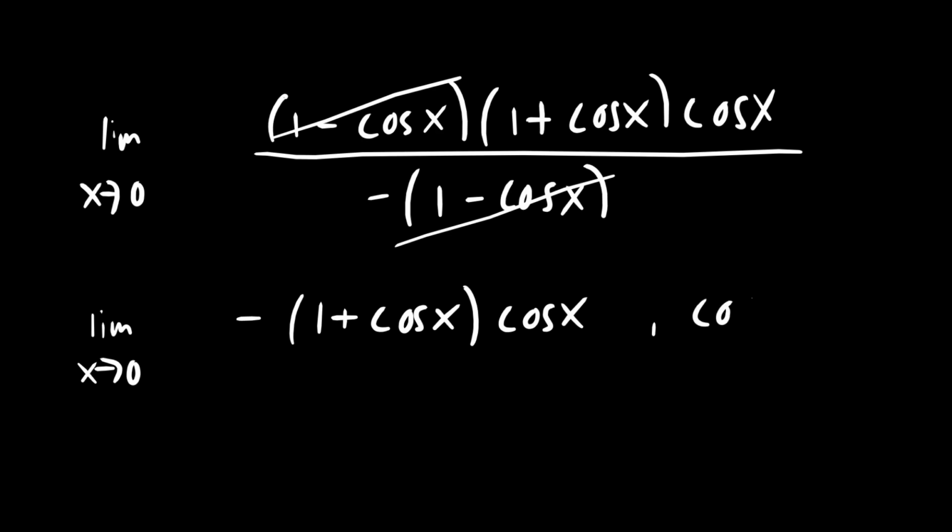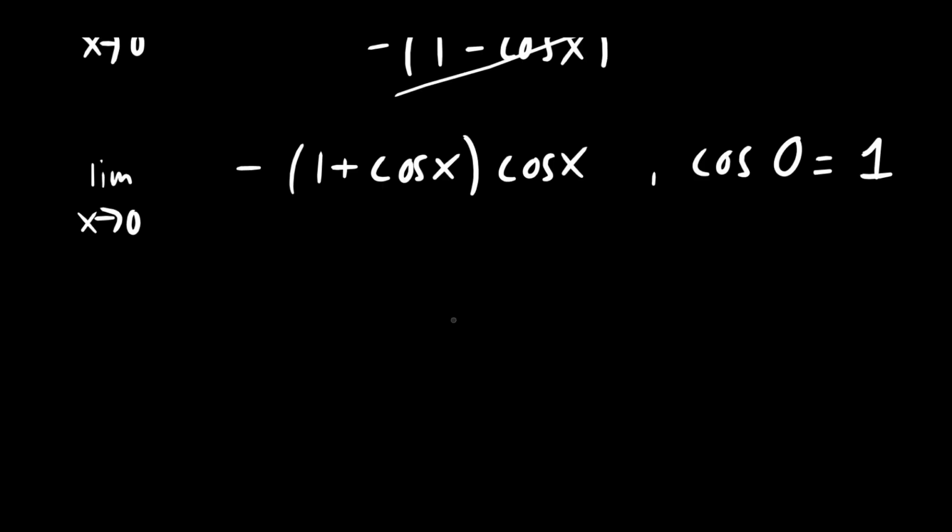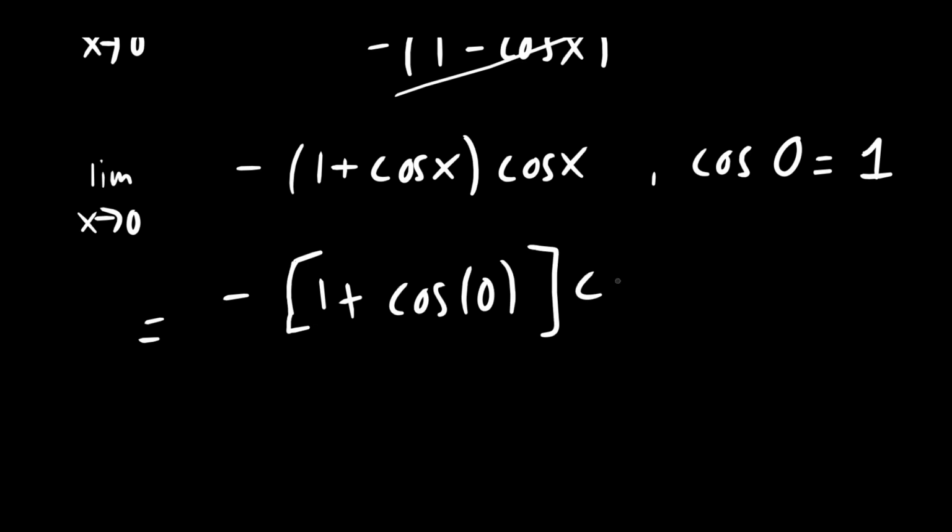Take note that cosine of 0 is equal to 1. So we substitute 0 for x: negative, 1 plus cosine 0 multiplied by cosine 0.